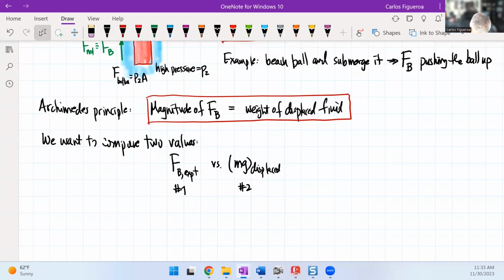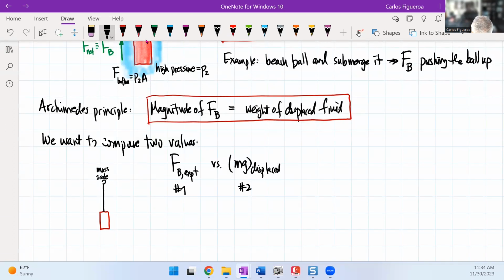What we're going to do is take our object, let's say this is our object, and attach it to a string. Up here, we're going to have some type of mass scale, or maybe a Newton scale.